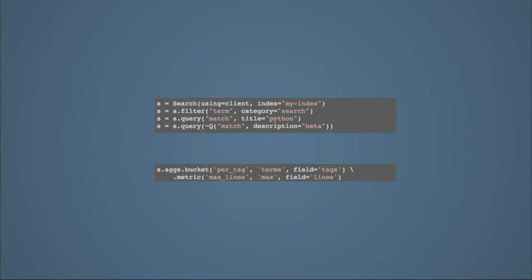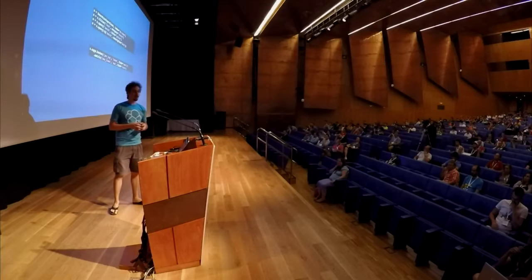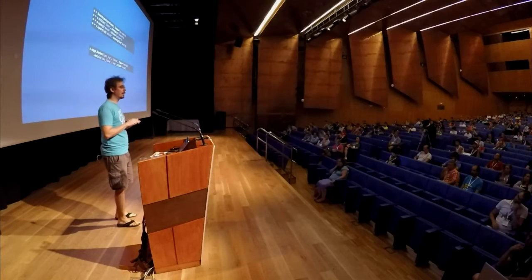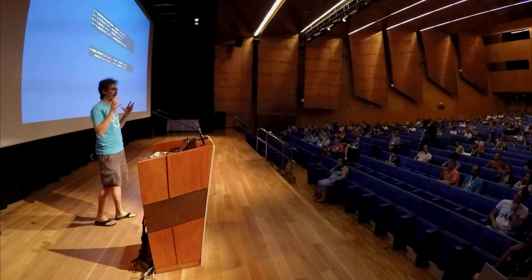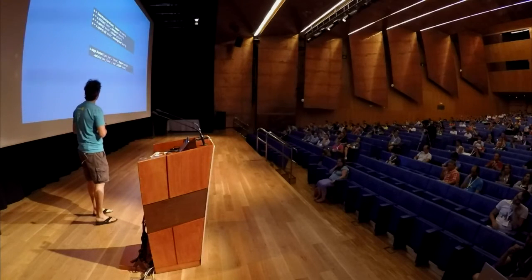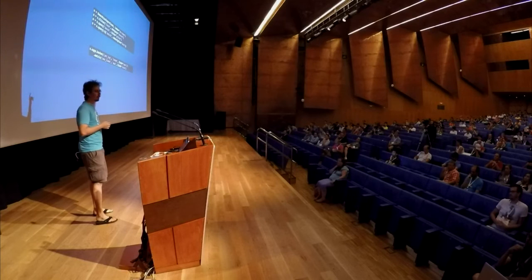So in our case, we have the queries at the top that follow the pattern. Every call to a method will create a clone of the query object, mutate it, and return it. However, when I tried to do this for aggregations, it just didn't work because aggregations can be nested. And the first way people, me included, try to represent nested aggregations would be just to nest the chaining calls.